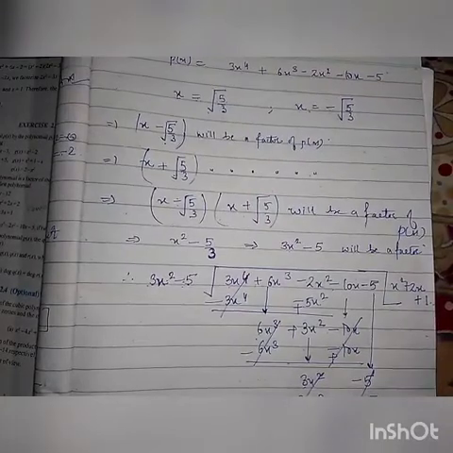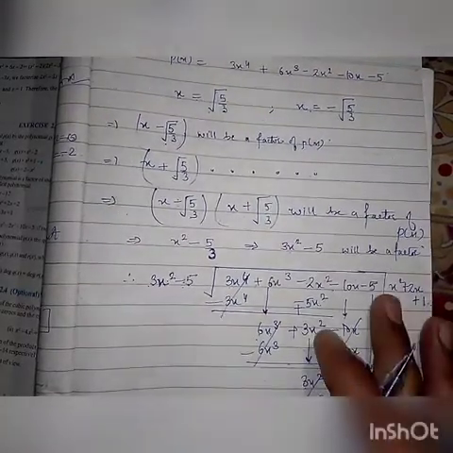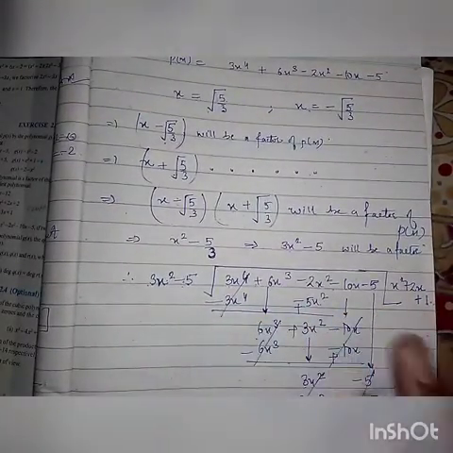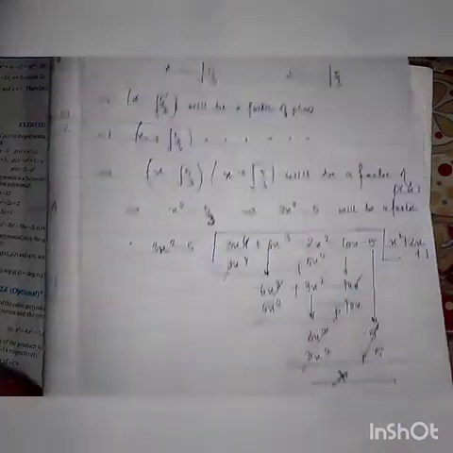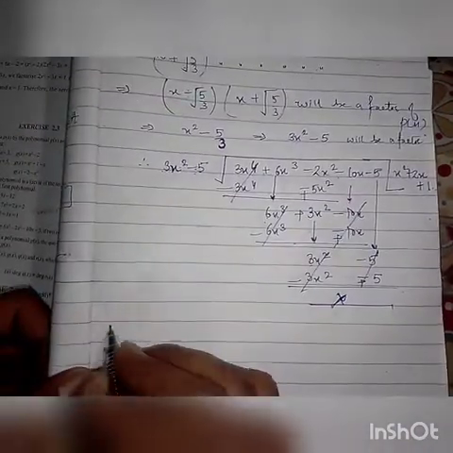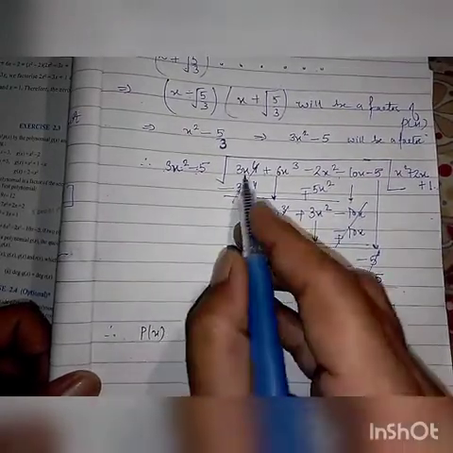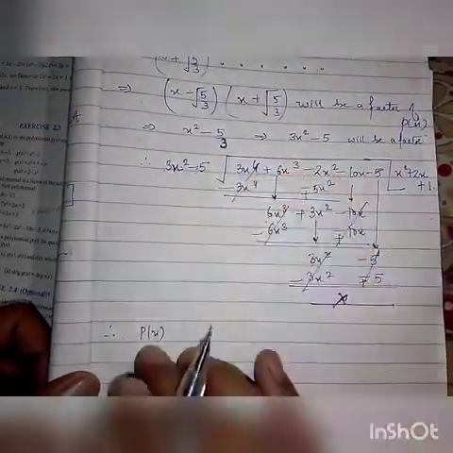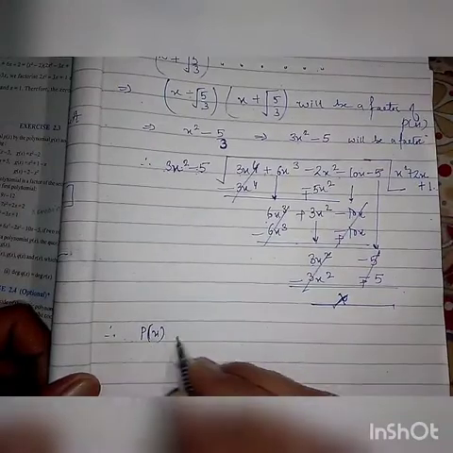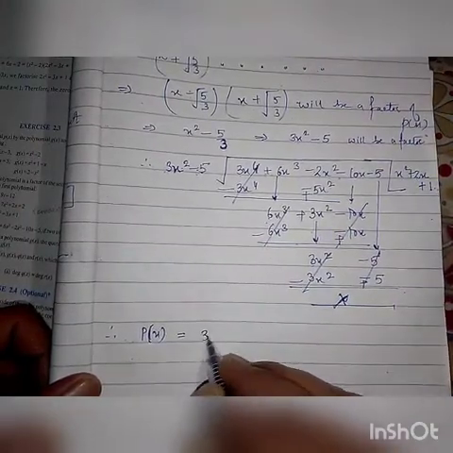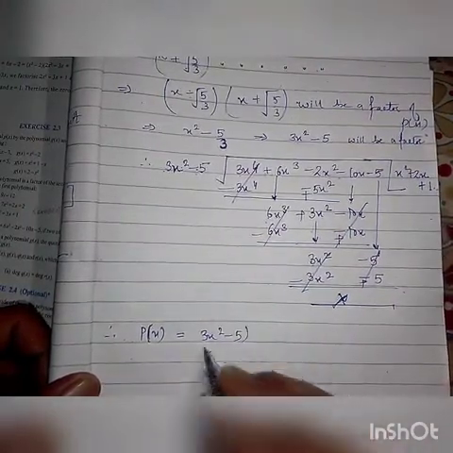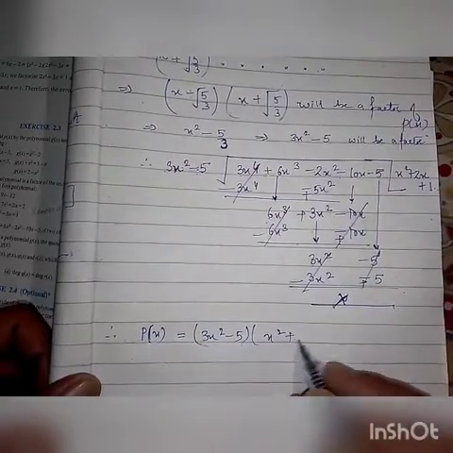If you get a remainder 0 in this type of question, it means your calculation is correct. Now, what can you write after this? So therefore, p of x, which I am just denoting by p of x: dividend is equal to divisor multiplied by quotient.